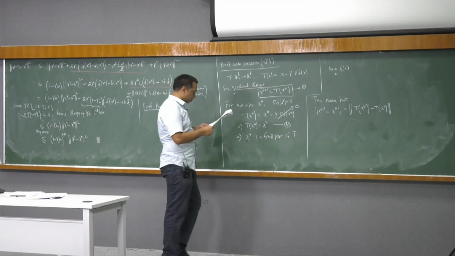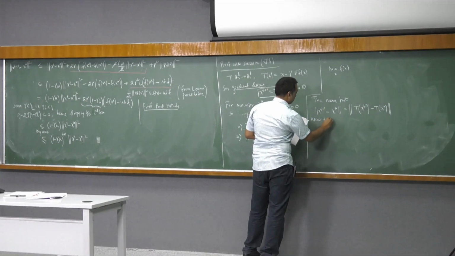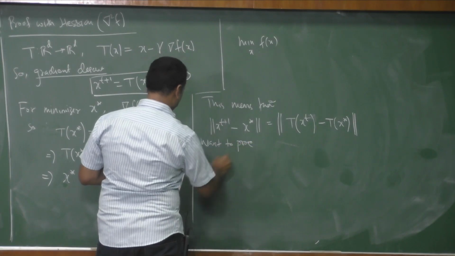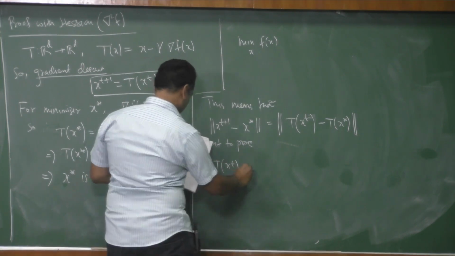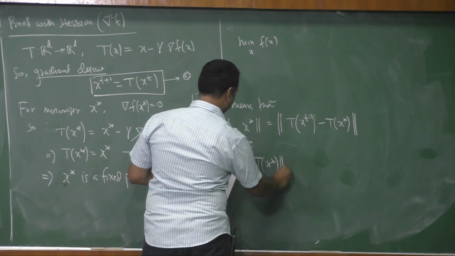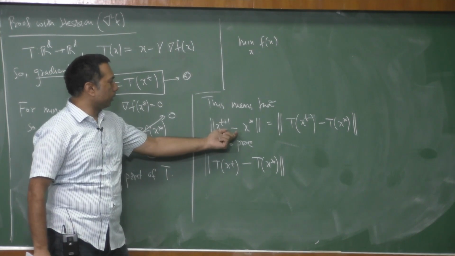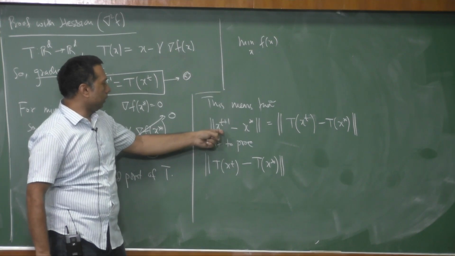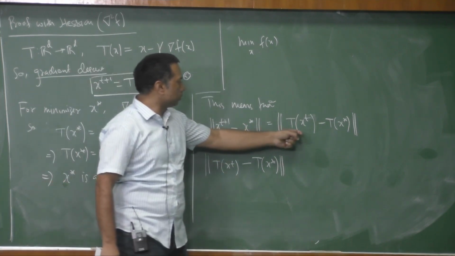Now we want to prove that the norm of T x_t minus T x star, essentially this is what we want to bound, right? We want to see how far our iterate is from the optimum, and this boils down to this.